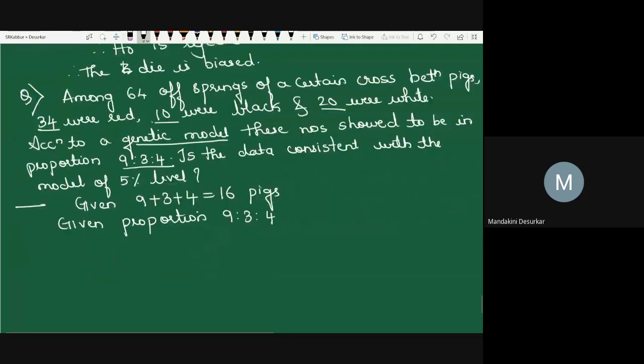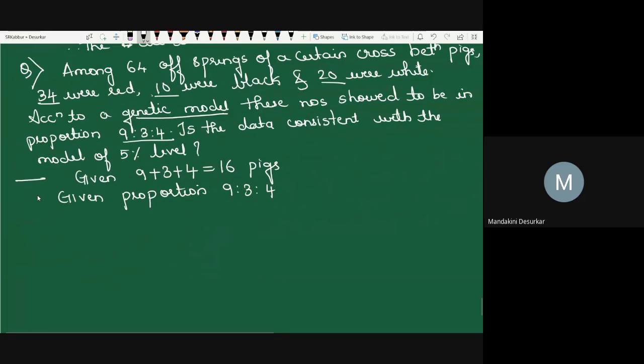This is a basic thing. 9 pigs were taken out of 16. That is the meaning of the ratio. Why am I saying 16? Add all these things, the total is 16.